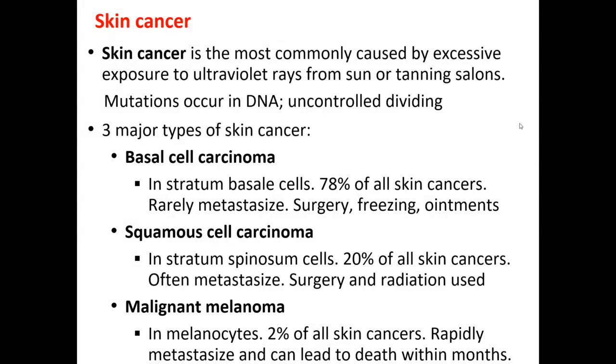And so, because every time a cell divides, it's an opportunity for a mutation to happen, cells that divide a lot, divide very frequently, they're more likely to get cancer, because there's just more opportunities for a mistake. And what kind of cells divide a lot? Skin cells. They're always dividing.